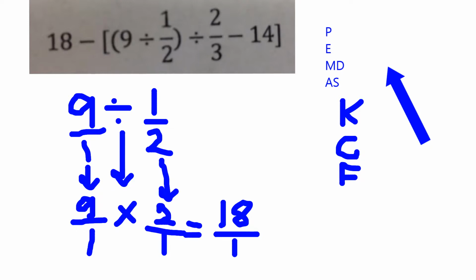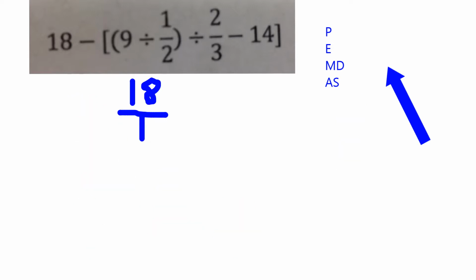And now this is just a regular multiplication problem. So what we end up having is 18 all over 1. Now, you should be able to get that no problem. And we can actually substitute that for all the work that we've just done. So that's what I'm going to do now. All right, so now we have 18 over 1 as the answer, the quotient to 9 divided by 1/2.